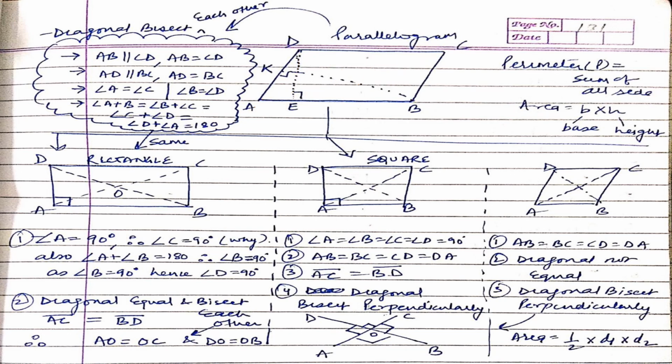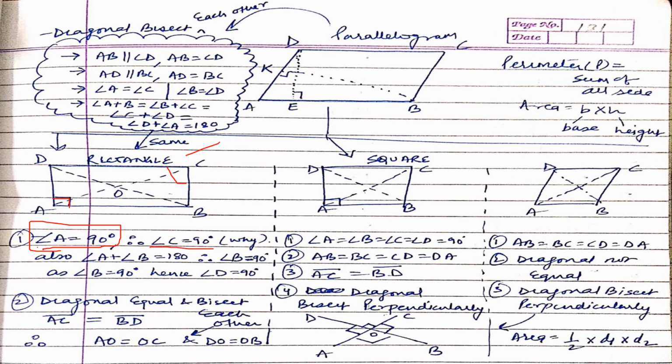First is the rectangle. In the case of a rectangle, I have told you a parallelogram with one angle equal to 90 degrees is a rectangle. So suppose given to me is angle A as 90 degrees and ABCD is a parallelogram. Let's see what the other angles are. As angle A is 90, what can you say about C? Very simple, also 90, because in a parallelogram opposite angles are equal.